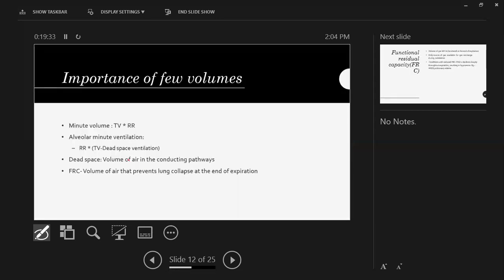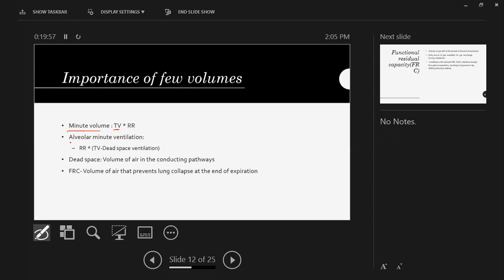The importance of these volumes: tidal volume, you know. And what about minute volume? The number of times a patient breathes in and out, that amount of volume is your minute volume. So is this what is participating in gas exchange? Actually, no. Because we saw dead space, isn't it so? We saw something called dead space ventilation.